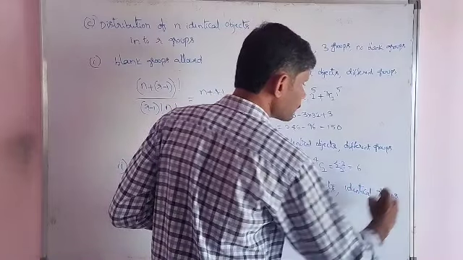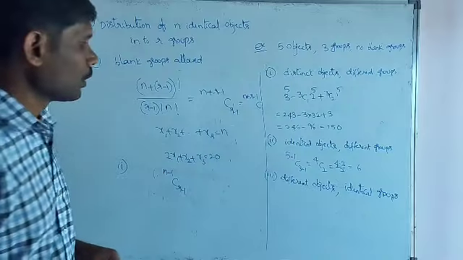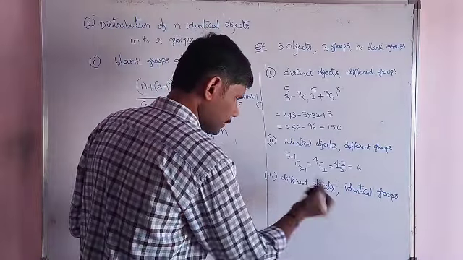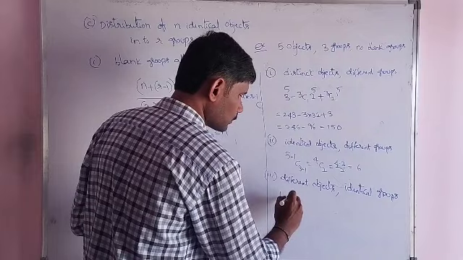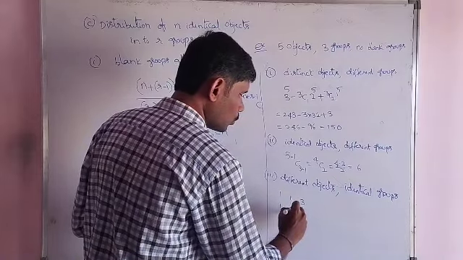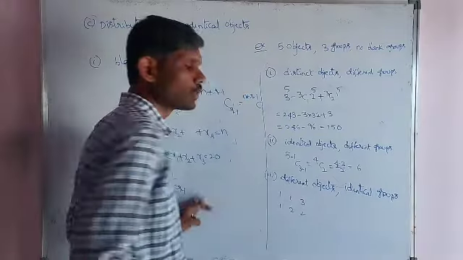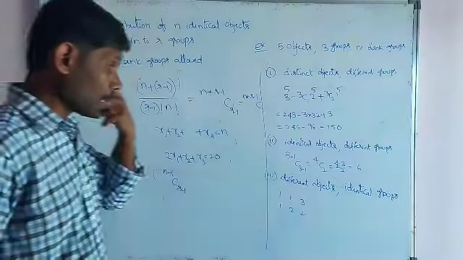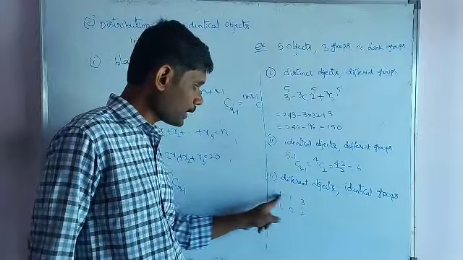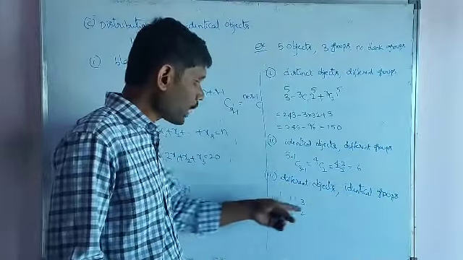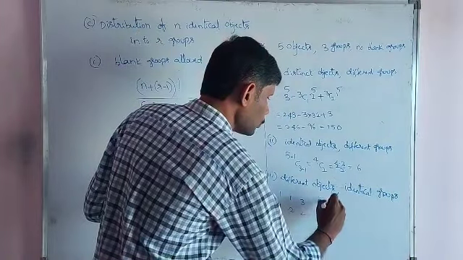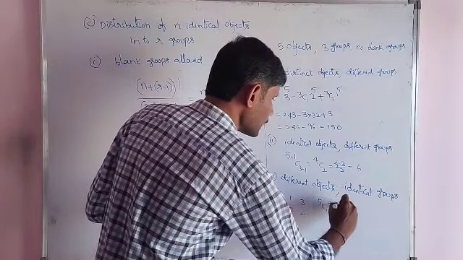So for 5 objects we have seen earlier the cases 1, 1, 3 and 1, 2, 2. Only these 2 cases. Now groups are identical, but objects are distinct. So in this case, it's 5c1 into 4c1 into 3c3.